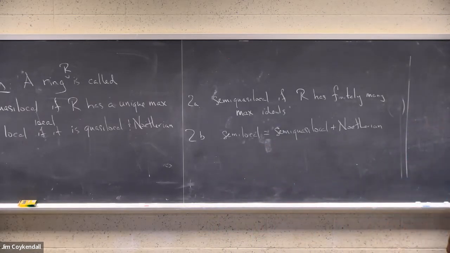And let me give you a quick thing. R is a commutative ring, and P in R is a prime ideal.